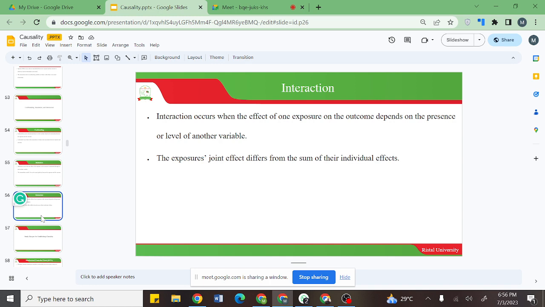You just also need to know that you have these exposures interacting with one another. If you smoke and then you work in a mine where you're exposed to toxins, this smoke and these toxins from your workplace, I think they're going to interact.